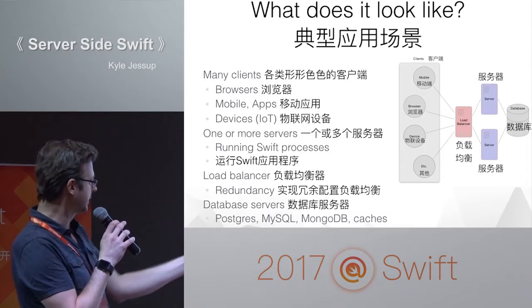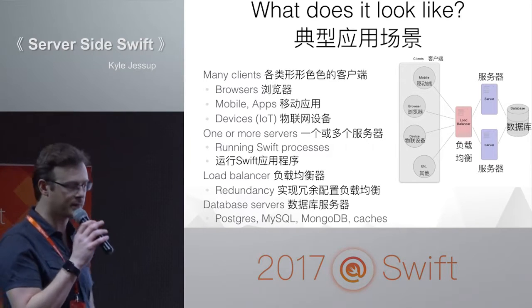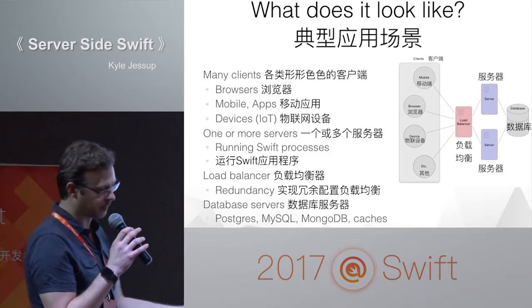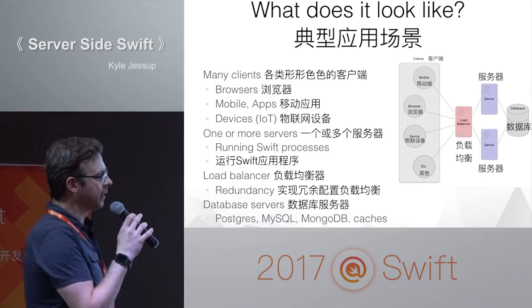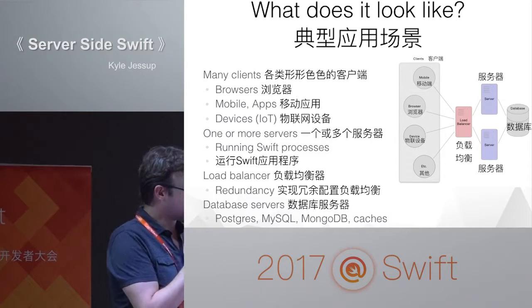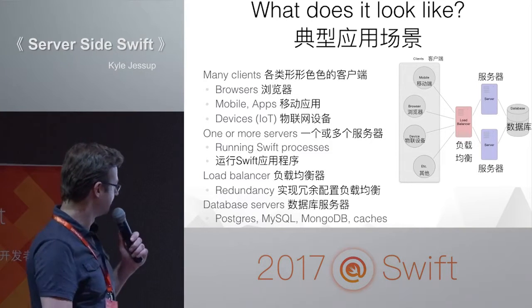And it just enables you to, instead of having to go and hit the database every time you do a request, look at the cache first, which could provide quicker access. So all these components go together to make what we're talking about on a server in particular, but server-side Swift in general.